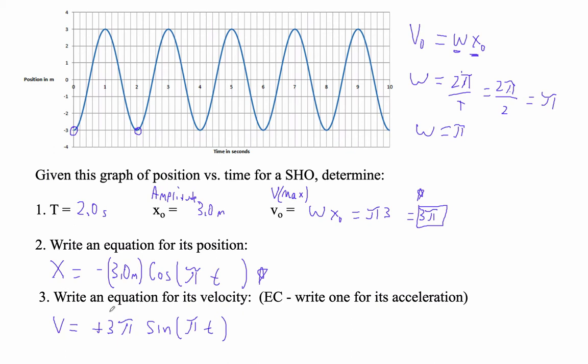Okay, now we've got to do a little figuring here. Let's make sure that this is correct, okay? Let's take a look at this graph. This is going to be the slope of that graph. So right off the bat, the slope is 0. Is sine 0? Yes, indeed it is, okay? And then right away after that, the slope becomes more and more positive. Does sine become positive right away?